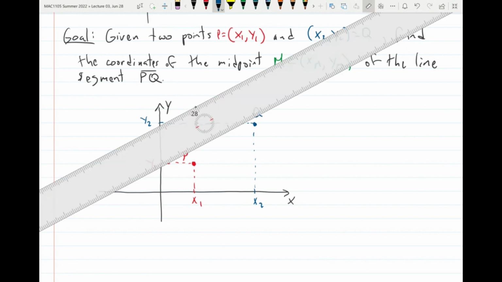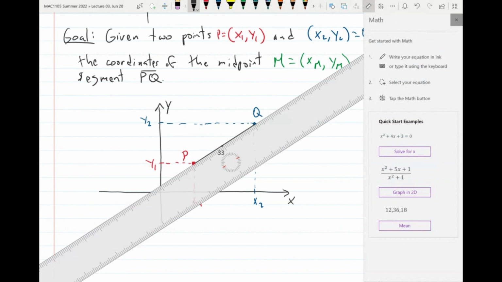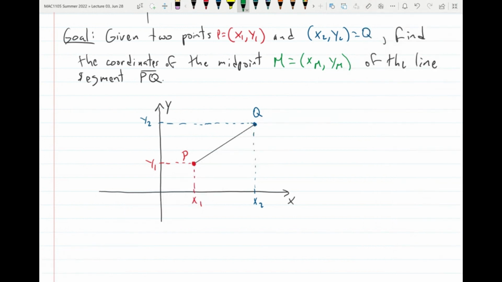So our job is to figure out a formula. Given this data, we want to be able to figure out a formula for the midpoint. In other words, we draw a line segment, and let me just estimate.